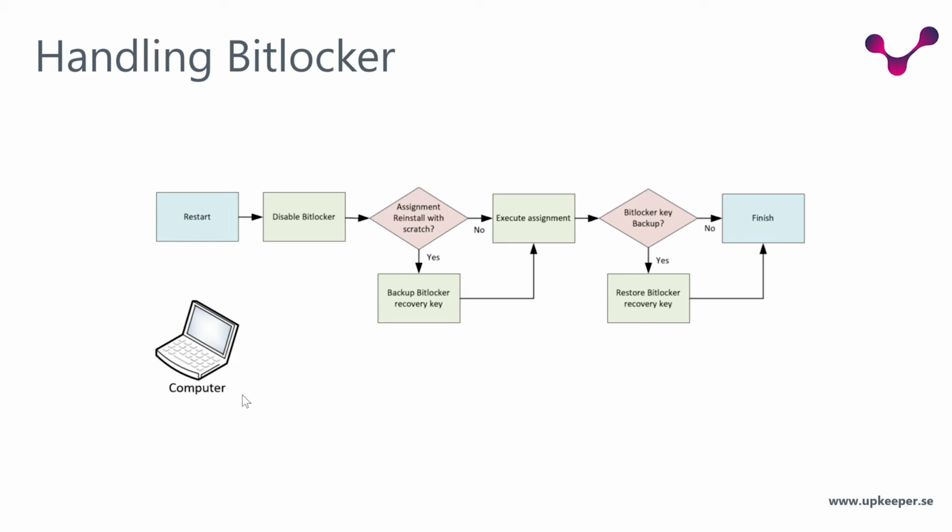And when the task is finished, when you have your newly installed computer, we will restore the Bitlocker key if it's necessary, and you can start using it as a normal computer after that. So if you want to enable Bitlocker in your environment and you want to be able to restart your computers, this is the version of Upkeeper you should install.